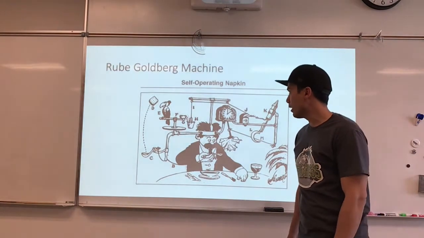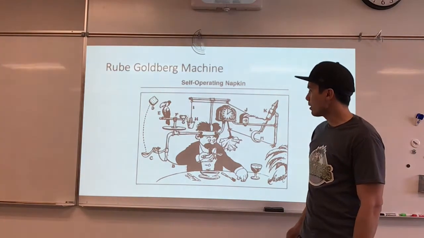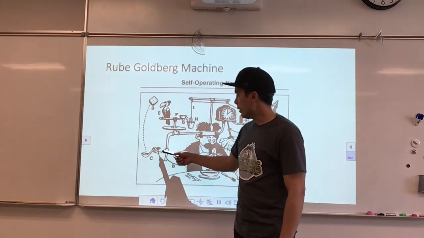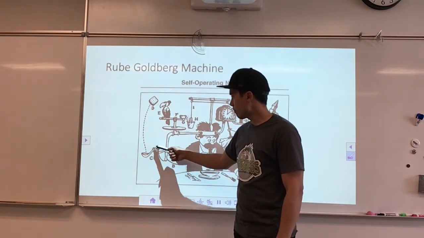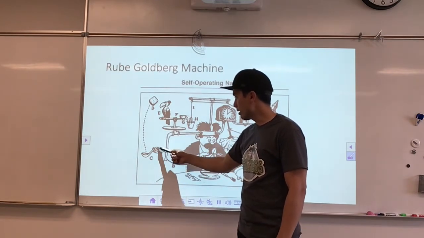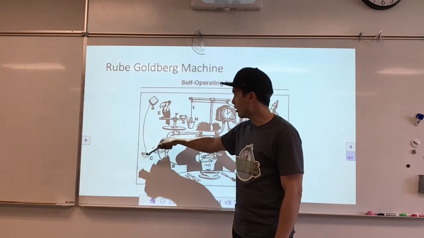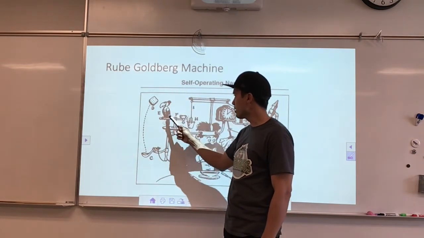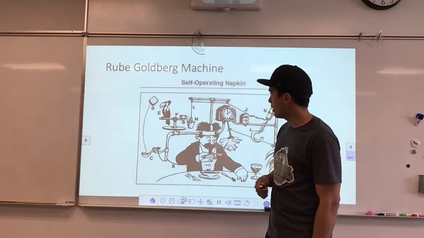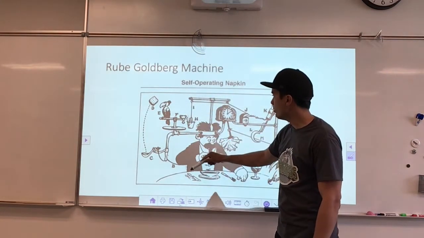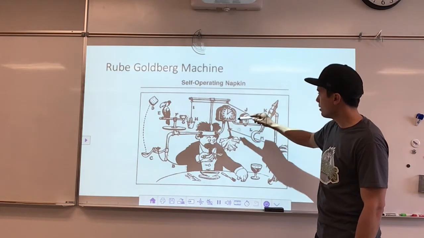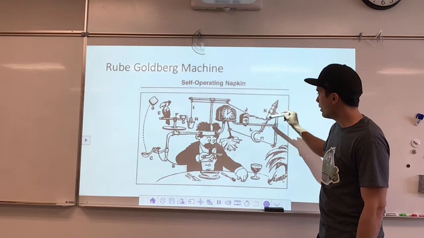So this is the self-operating napkin, and so once this man moves his spoon, there's a little first class lever, which the string is going to pull on that end, and then the load shoots up, the bird gets it, twists this, and some nuggets fall into the bucket, which weigh it down, which is going to open this little fire case, lighting the rocket.